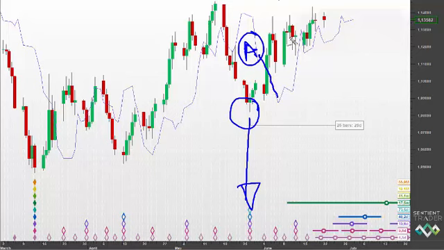Last week it came down to the 20-day FLD. There it is. I'll just make it a little clearer on the chart. In a B category interaction, we expect price to come down to the FLD, find support at the FLD, and then bounce up again in a C category interaction.